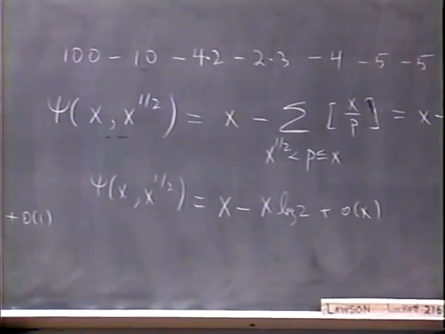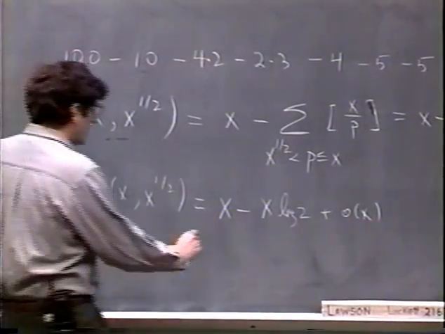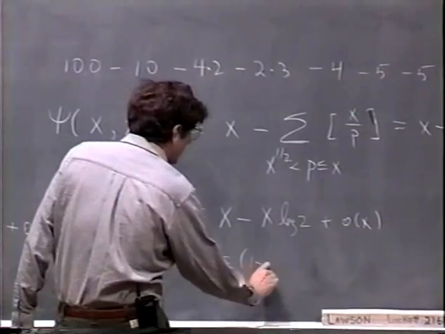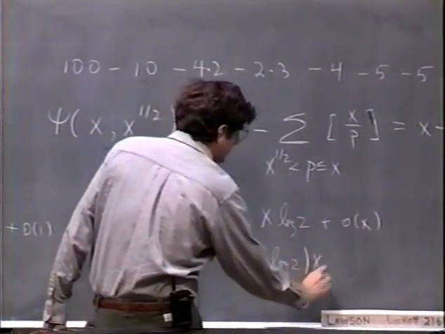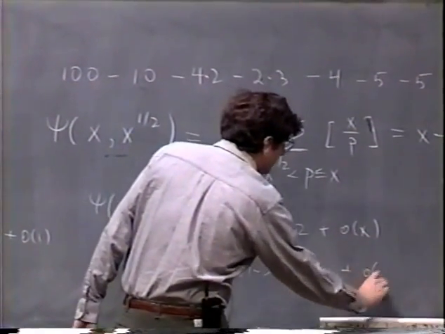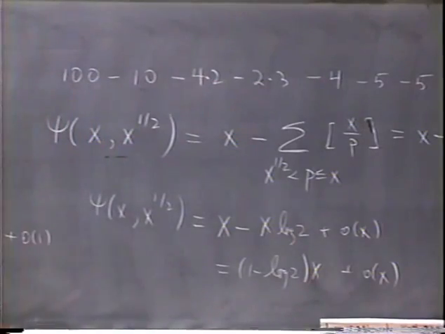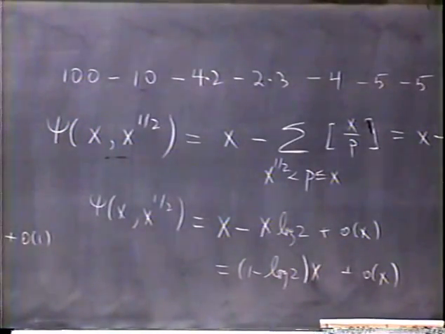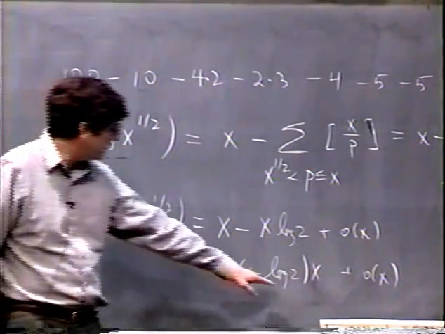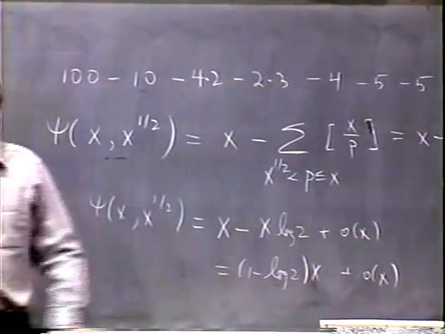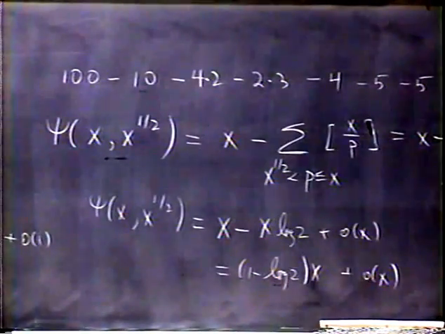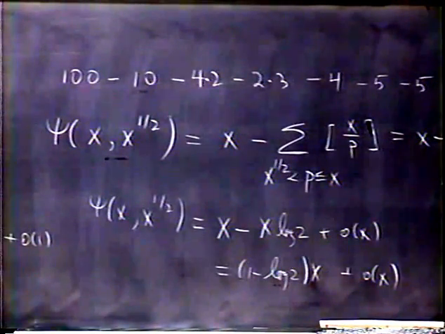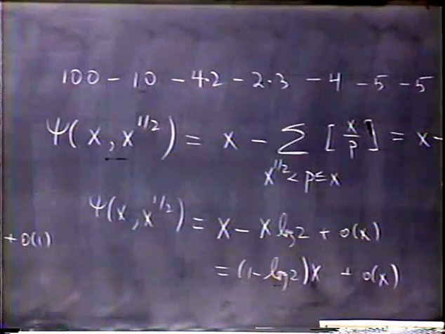So we can combine the first two terms and get that this is equal to 1 minus log 2 times x plus an error that's small compared to that. Now the natural log of 2 is about 0.693. So if I subtract that from 1, I get 0.307 approximately. And so I'm saying about 30.7% of the numbers ought to be there.